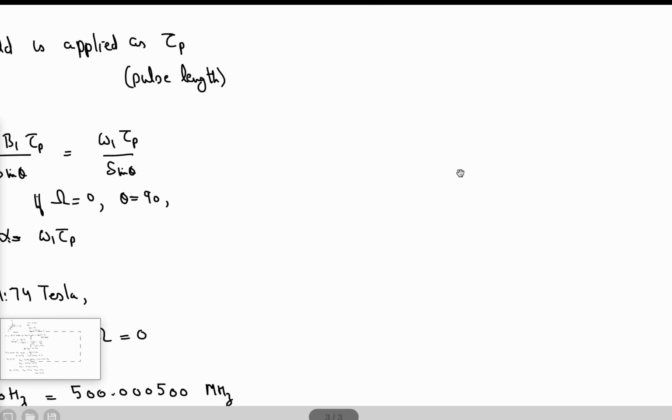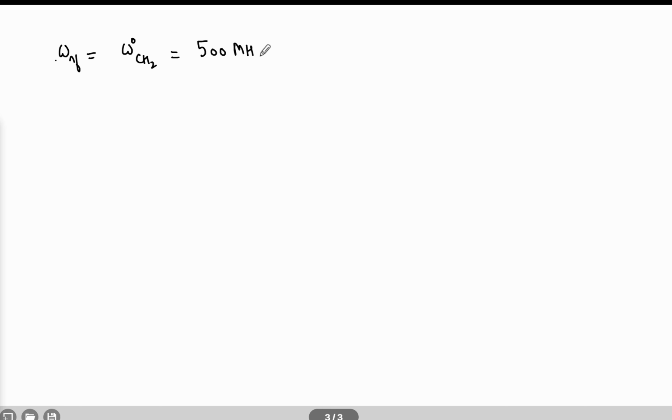So let's say I choose my carrier frequency as omega naught CH2. So what I'm doing is I'm keeping it at 500 megahertz plus 1000 hertz. In that case, what will be the offset of different protons?